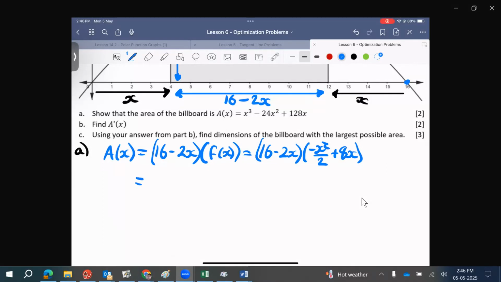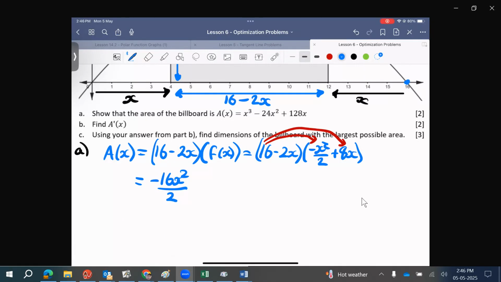Expanding the bracket, firstly we're going to have 16 times this, which gives us minus 16x squared over 2. Multiply numerators, multiply denominators, and then simplify after.